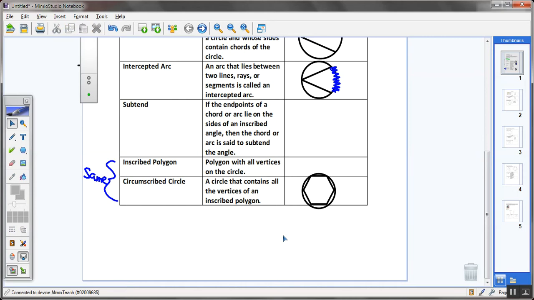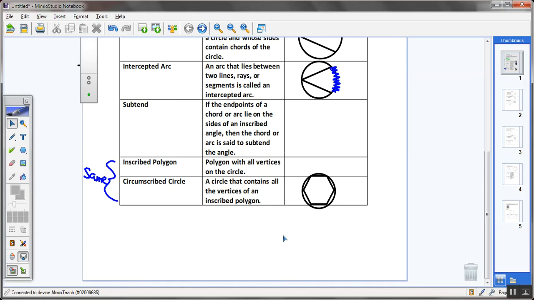Okay, and if you want to put a triangle in there or whatever, basically, circumscribed circle or inscribed polygon just means a polygon inside of a circle. And if that polygon is inside the circle, aren't all the vertices right on the circle then?